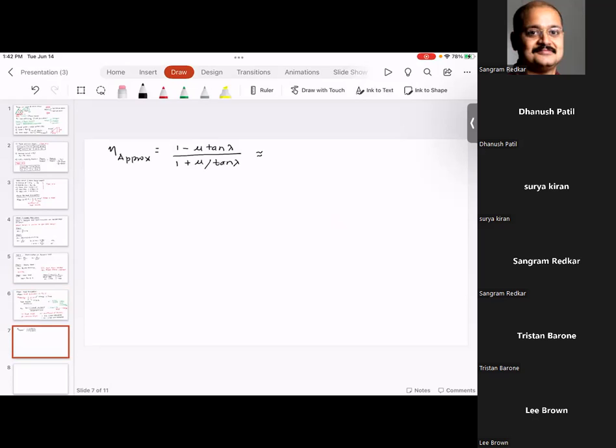Typically this will go somewhere around 86%. So you can assume the efficiency to be between 0.8 and 0.85, and then use that as a benchmark to do some preliminary calculations. Now, I think with this, we should be able to solve the problem.